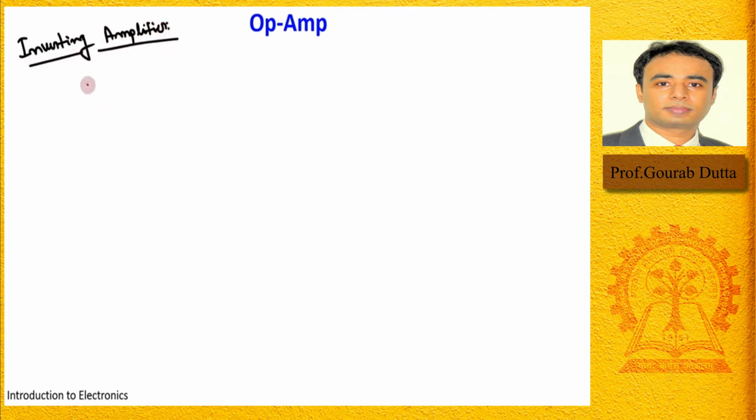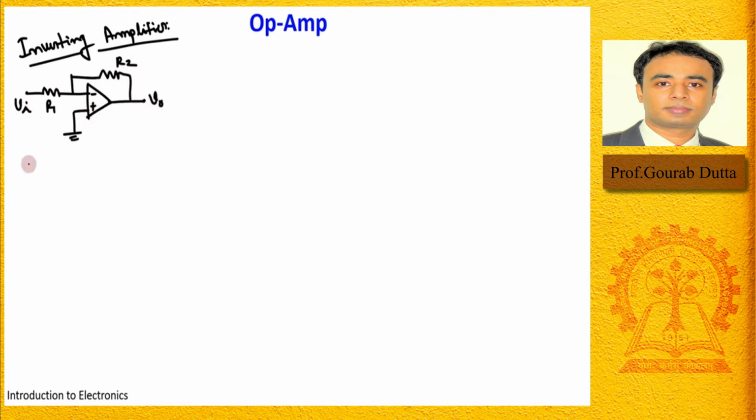If you recall, the circuit was like this. This is R2 by R1, this is V output and this is V input. And we have estimated the gain from this.